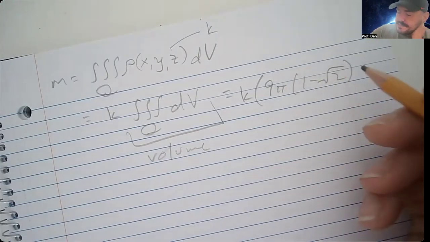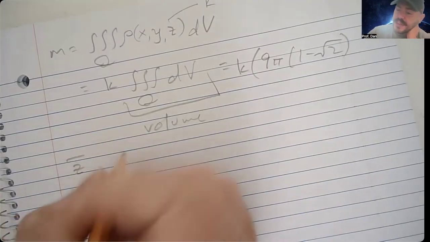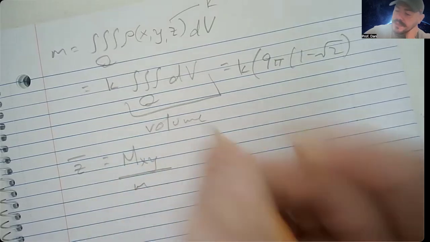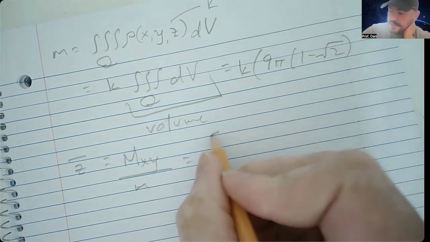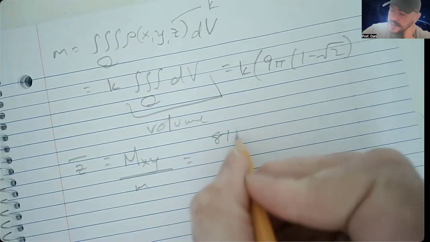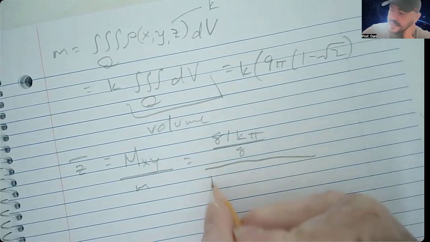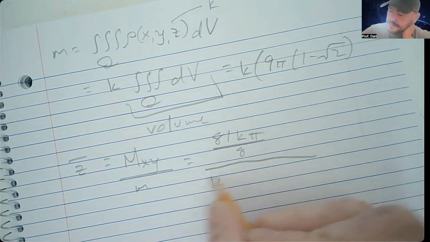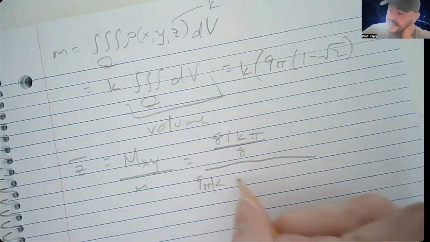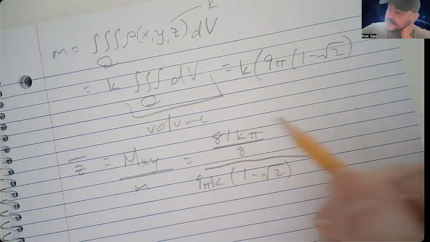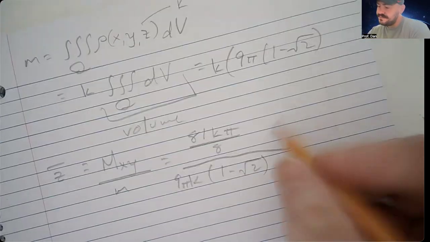Now that we have the mass, we can get the z coordinate for our center of mass by taking the moment along the xy plane divided by the mass. Moment from xy plane was 81k pi over 8, and the mass was k, we'll actually just say 9 pi k times 1 minus the square root of 2. Now for this one, a couple things are going to happen.